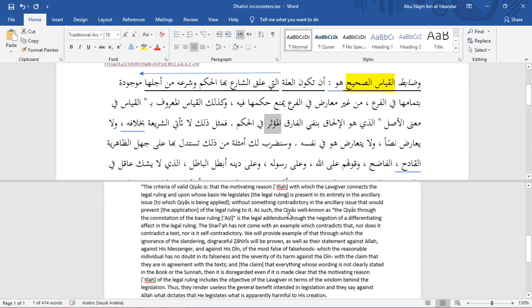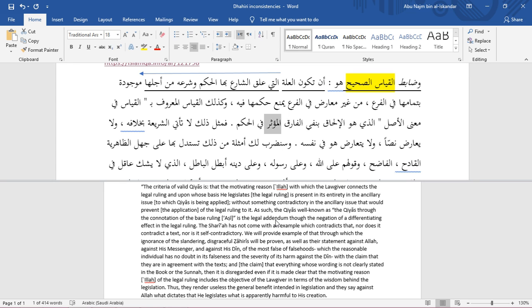So which is the legal addendum, which means the addition, right? Something connected, legally connected through the negation, the nafi, of a differentiating effect in the legal ruling.